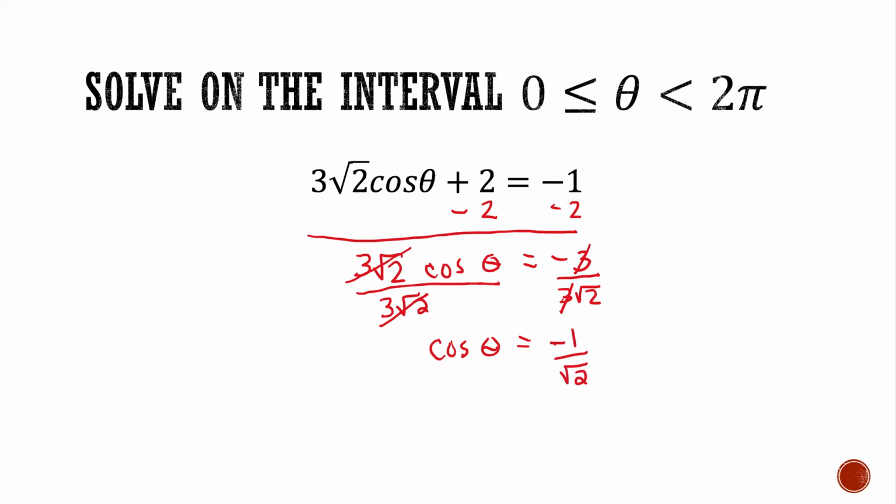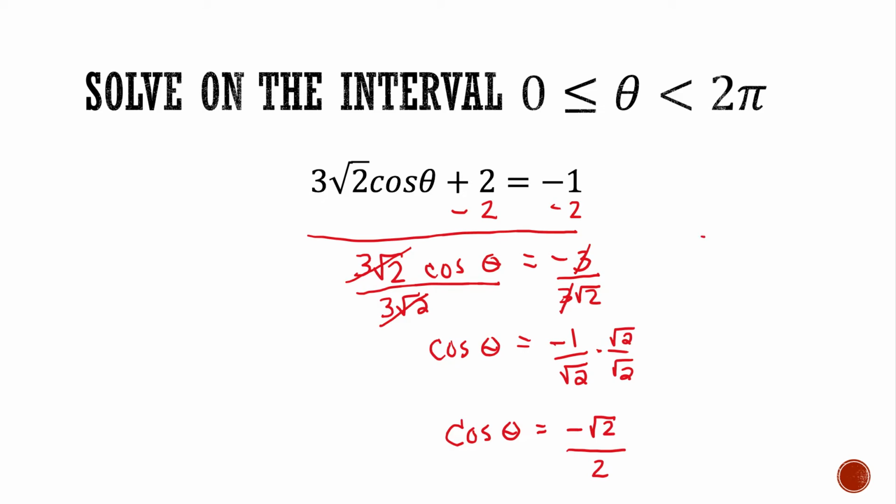Now, you probably want to rationalize that denominator so that it looks like something you're used to seeing. So if I multiply top and bottom by square root of 2, I'm going to have cosine theta is equal to negative square root of 2. And then on the bottom, square root of 2 times square root of 2 is just going to be 2.